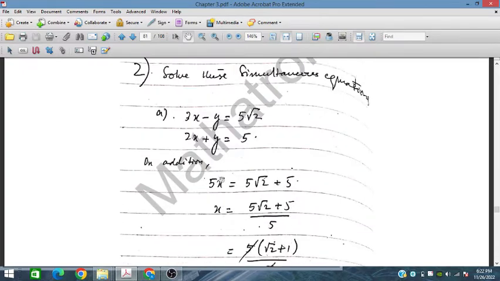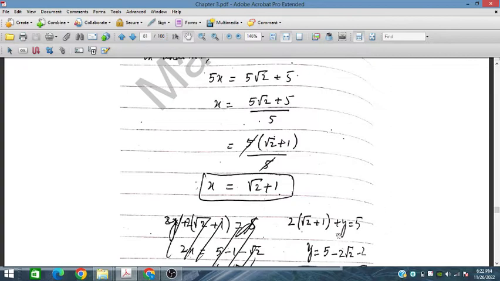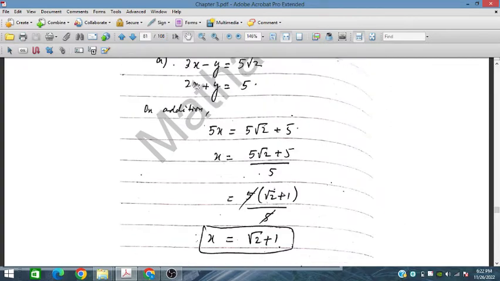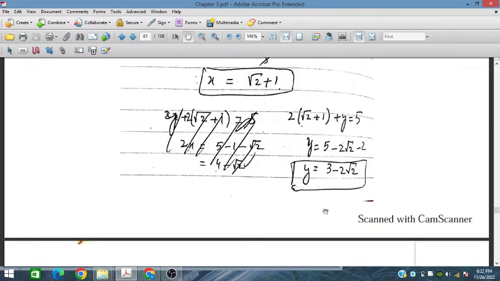Now we can substitute this in any one of the equations. Let's substitute in the second one. Here x is under root 2 plus 1, plus y is equal to this, so y is equal to 5 minus 2 under root 2 minus 2, so 3 minus 2 under root 2 is the answer. So y is this, x is this. This is the solution in the form of surds.